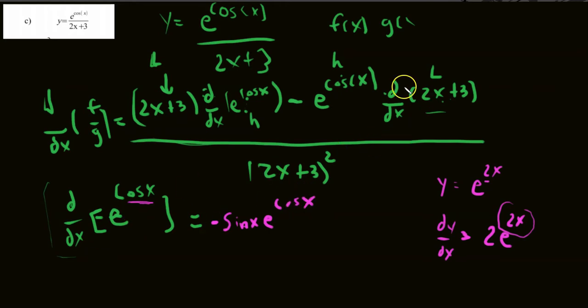And the other derivative we have to do is just 2x plus 3, and that's just 2, right? The derivative of 2x is 2, and the constant goes to 0.